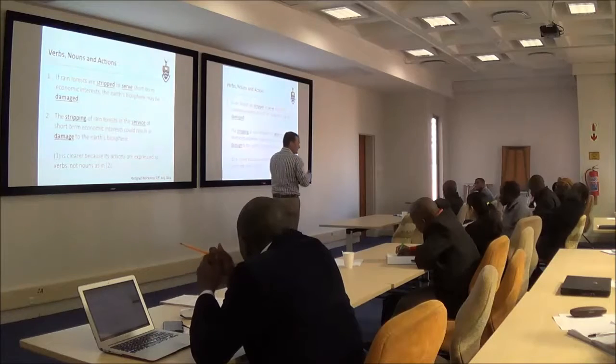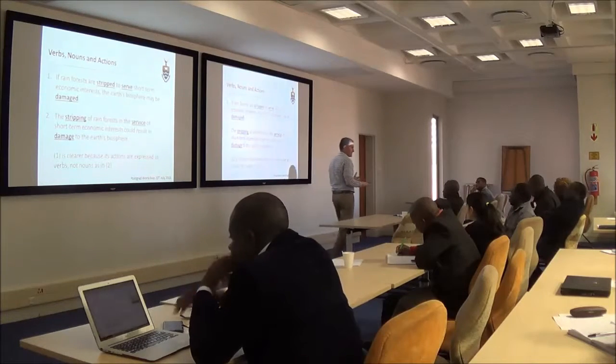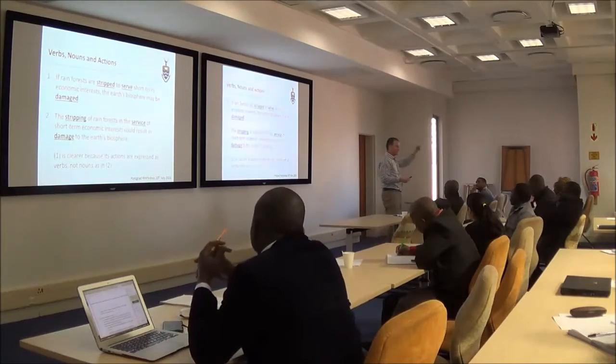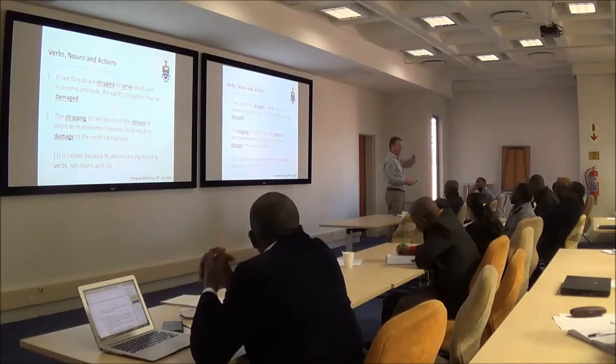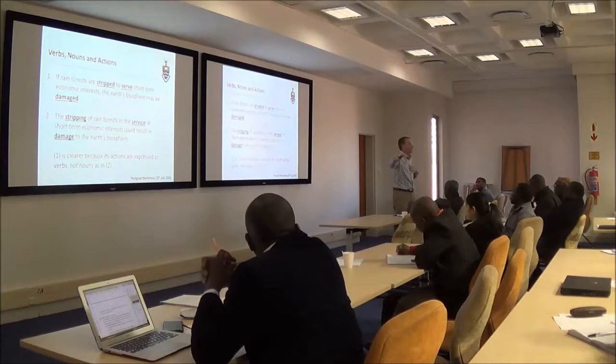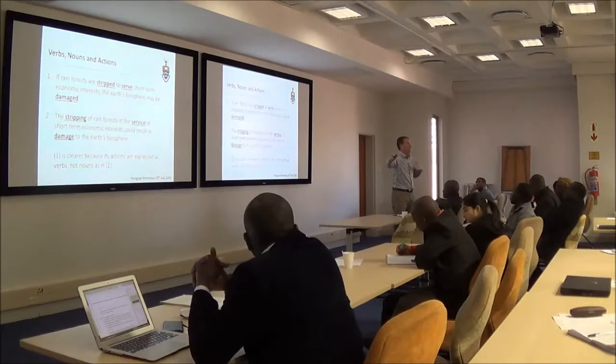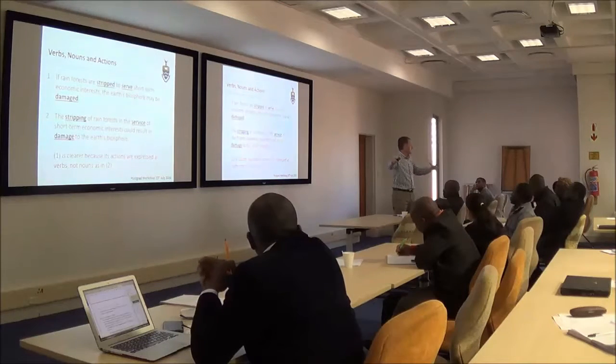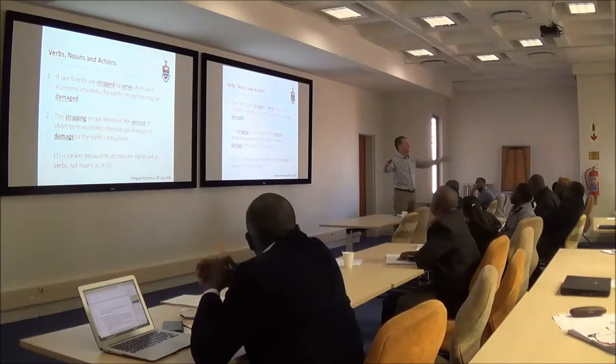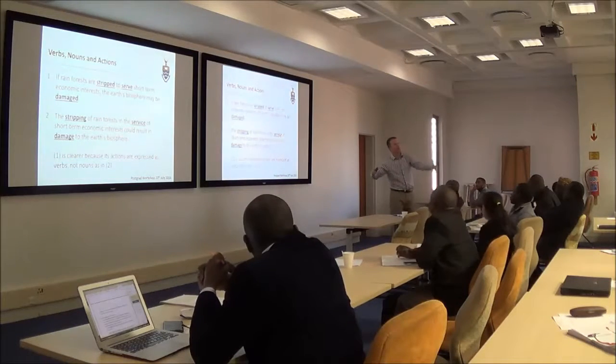Is it clear? I can see lots of light bulbs going on. This is when I read this in the book, light bulbs went on for me, because for the first time, somebody had written down why it is that we find some writing clear and other writing complex.